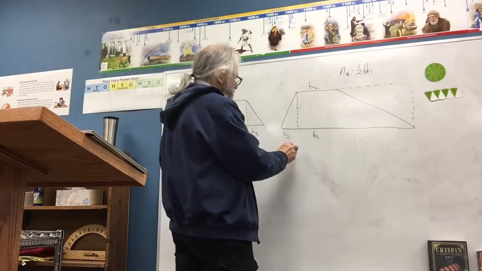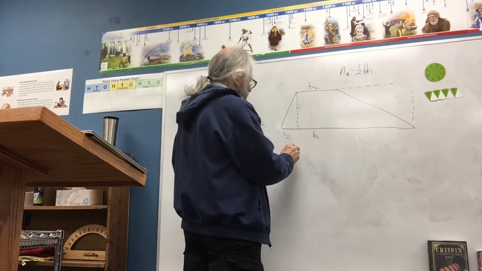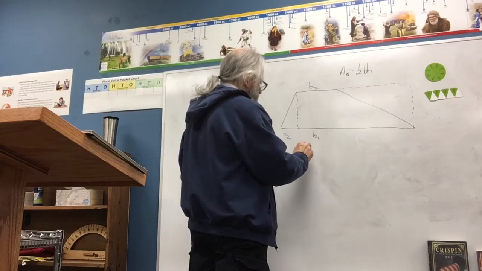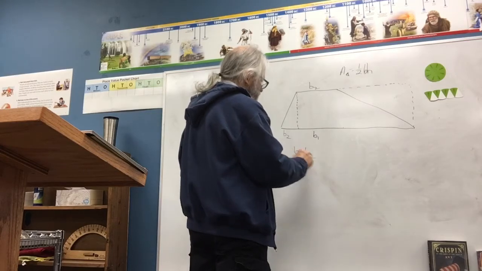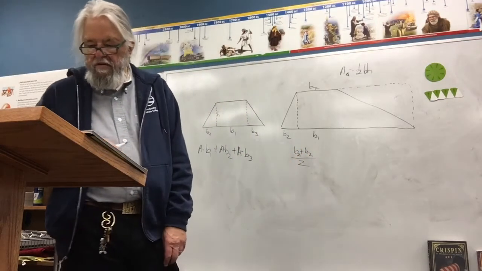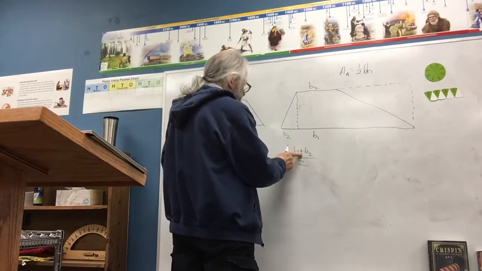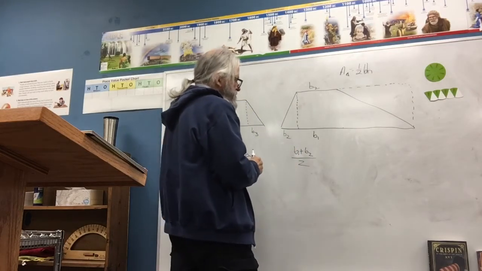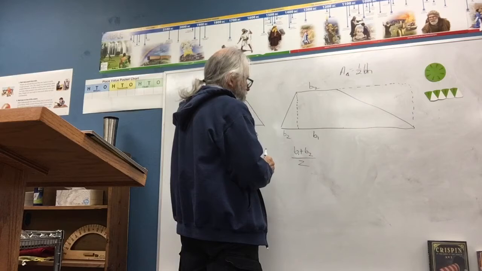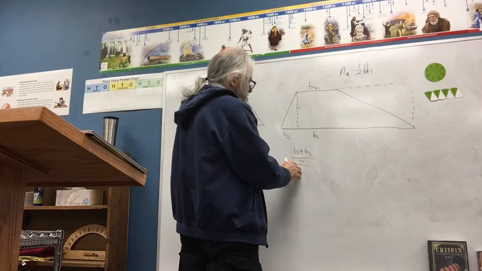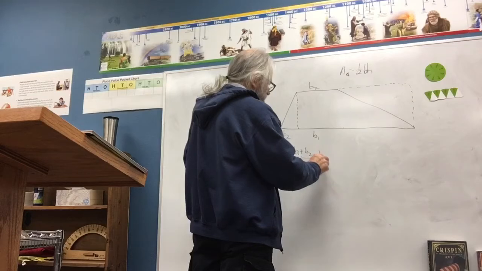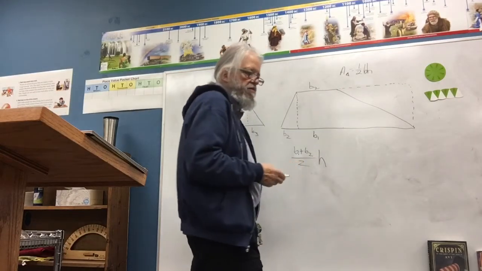So they're showing you a formula: base 1 plus base 2, over 2, because you're adding them together and then dividing by 2, and then you're taking that times the height, which is the same no matter how you do it.